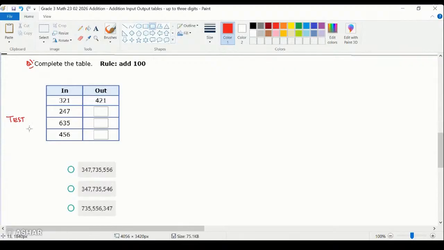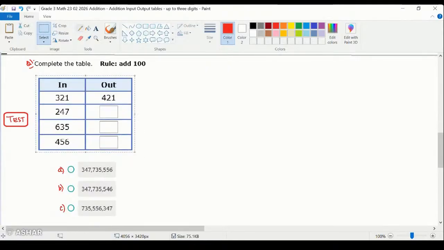And it changes to this. These are the options A, B, and C. I'll copy the next question.